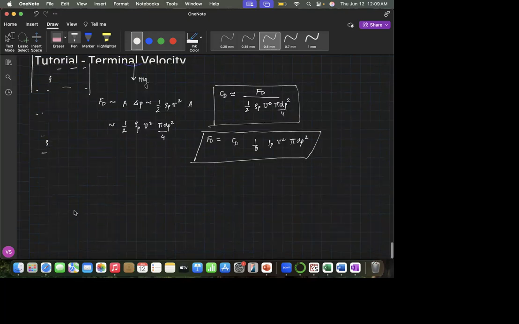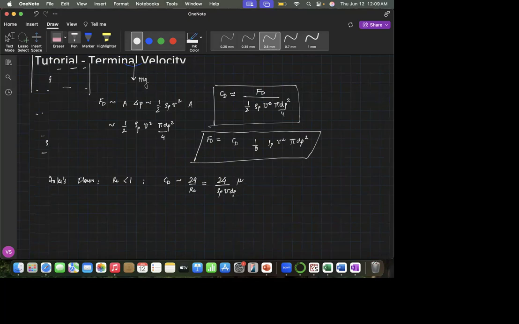Now, for Stokes flows, that is for Reynolds number much less than 1, the drag coefficient is given as 24 over the Reynolds number. The Reynolds number is nothing but rho v d over mu, so this becomes rho_p v d_p over mu, right?